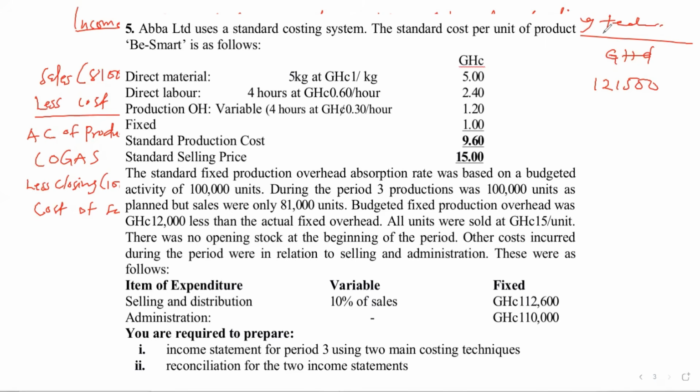under absorption. So you should know that anytime there is under absorption, there's another way that we also use to calculate whether there is under absorption or over absorption. That is when there is a difference in the production units, that is the budgeted production units and the actual production units.